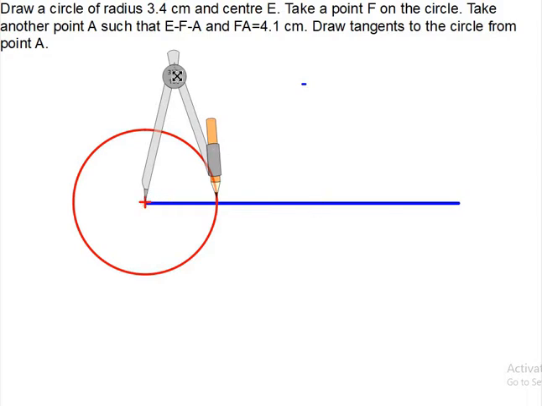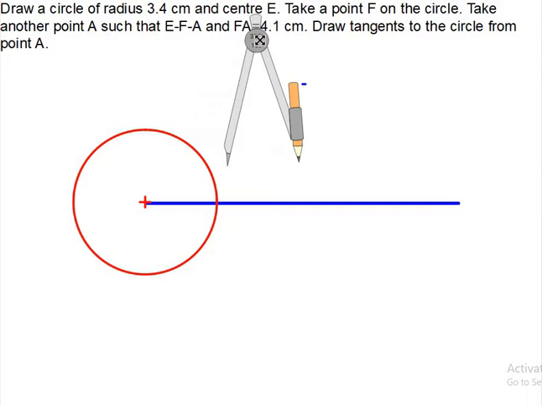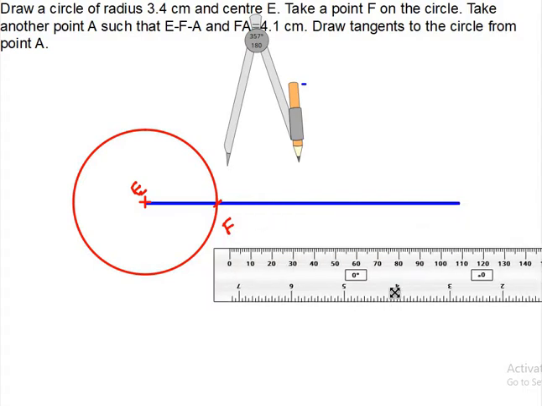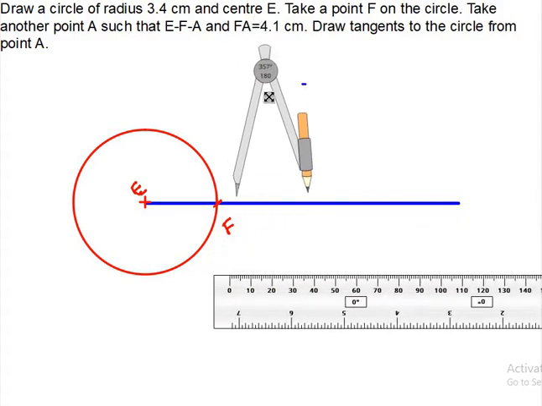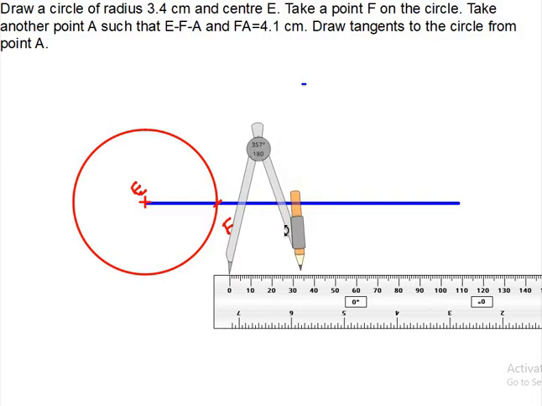After this, you just mark center E. E is the center of the circle. I'll take point F here, and we have to take distance FA 4.1 centimeters. So I'll keep the steel point here and just measure 4.1 centimeters.